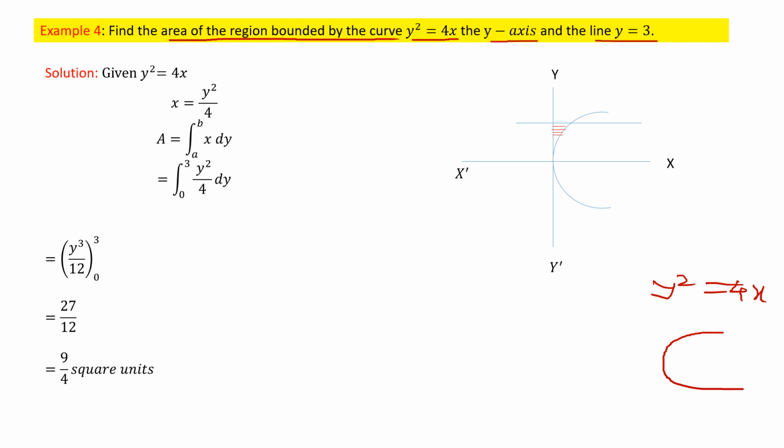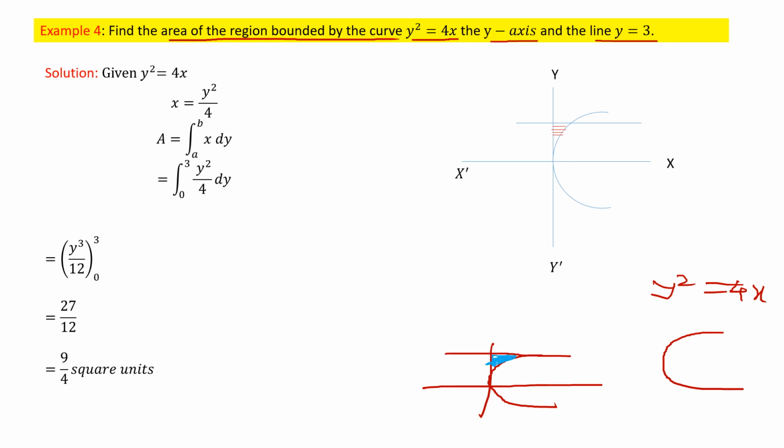So let us draw this in the graph. So we have x-axis, y-axis. We have the graph y squared equal to 4x, and I have a line y equal to 3, something like this. So the area is nothing but this segment, this region, the blue shaded region.